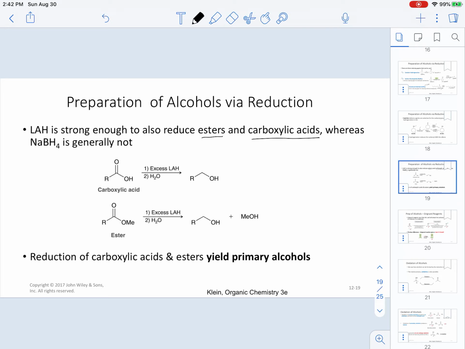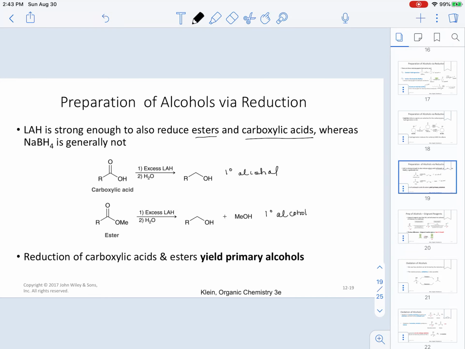The carboxylic acid will be reduced to a primary alcohol, and understand that we need excess for them, and an ester is also going to be reduced to a primary alcohol. So understand that there are many ways to produce all of these alcohols.